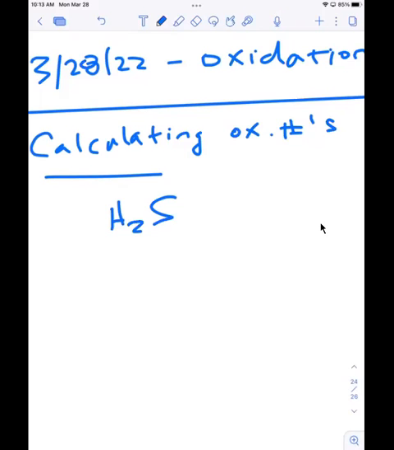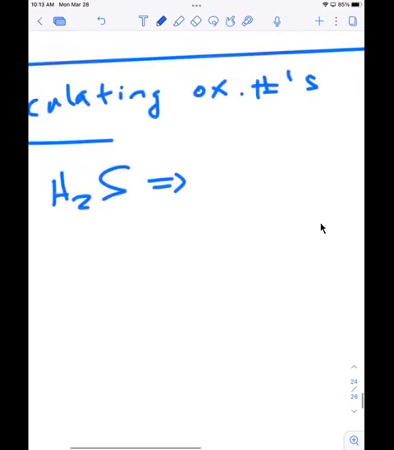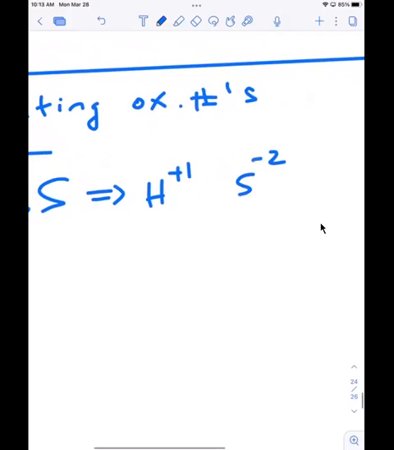And it's just two hydrogen. You're cutting out, but I hear you. And I think what you're saying is if I undid this, it would look like this: H plus 1 and then S minus 2. Is that right? Yes. Because if I crisscrossed them, the 2 would go here and the 1 would go here.